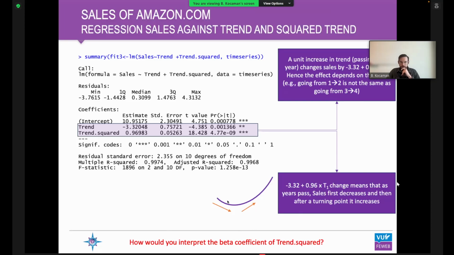So to make it a bit more clear, you can also look at here. This means that up until an inflection point, the trend will actually decrease the sales. So increasing years will decrease the sales, but then there will be an increase after an inflection point.